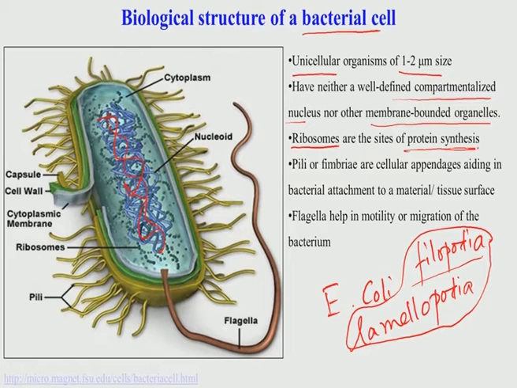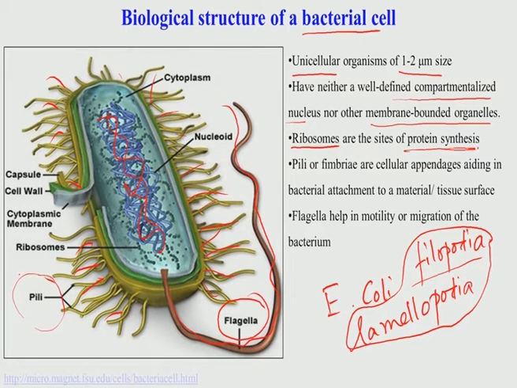Similarly, here in the context of bacteria, you can see that it has a certain large tail like structure, which is known as the flagella, and there are also small hair like structures that appear as an outgrowth from the bacterial cell wall or cell membrane. They are known as pili.